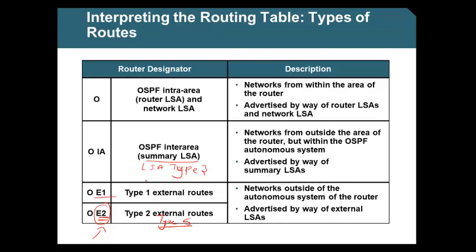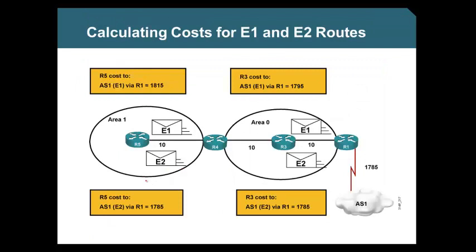E1 is where path cost is added like this. You see here. You might have seen this in the previous class as well. Now, let's say the external network is A.B.C.D. This A.B.C.D is redistributed into OSPF.